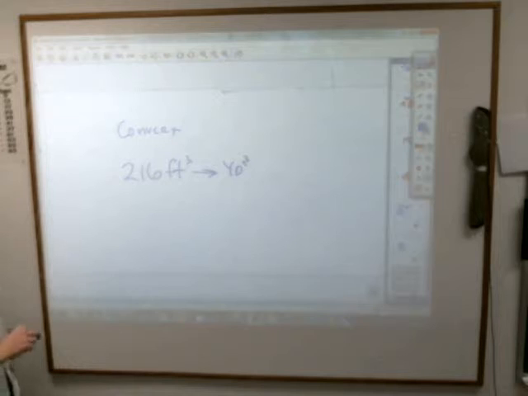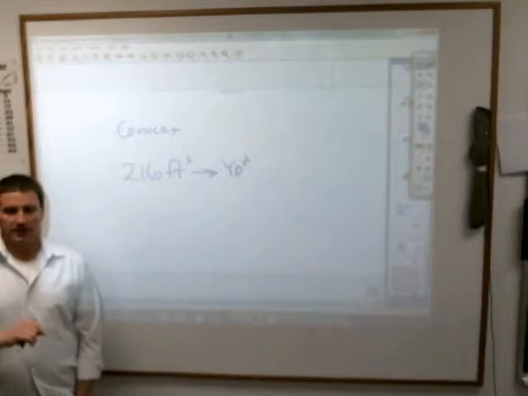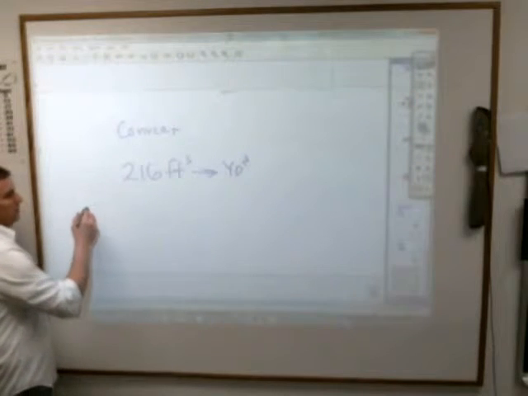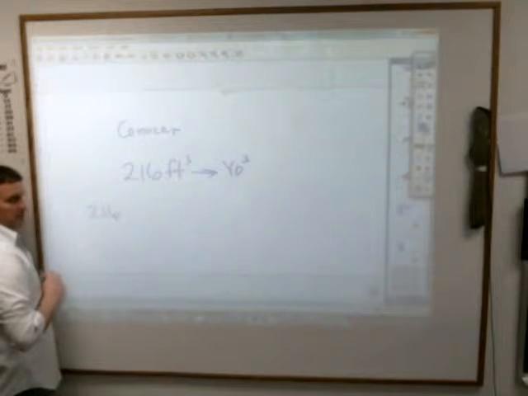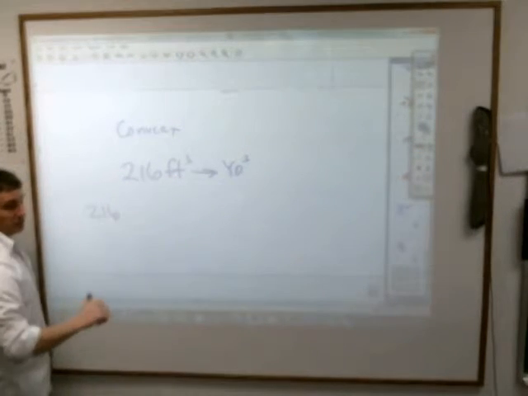When we started unit multipliers, remember I said the key is getting what to cross off? Labels. So 216 feet cubed, what do you have for a label? What does feet cubed actually mean?